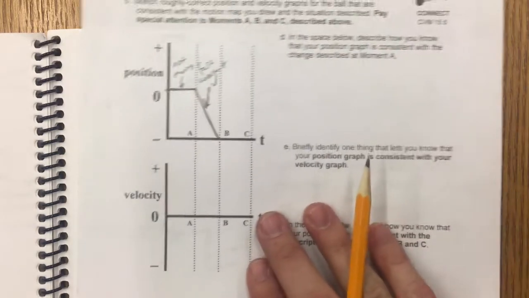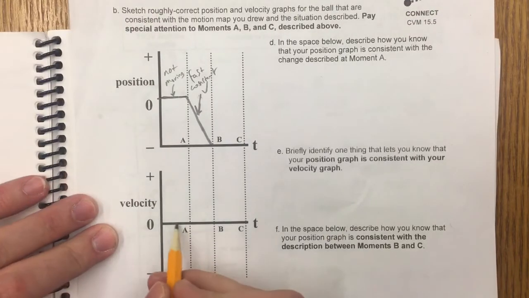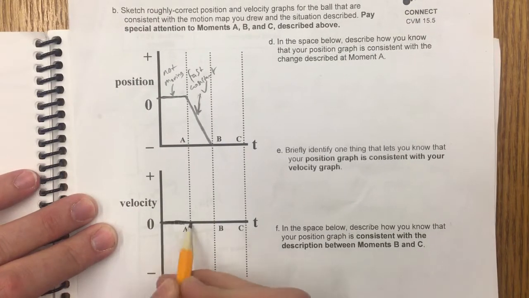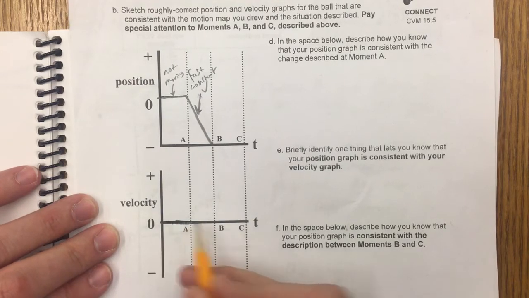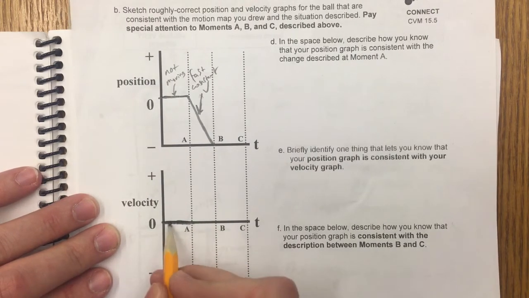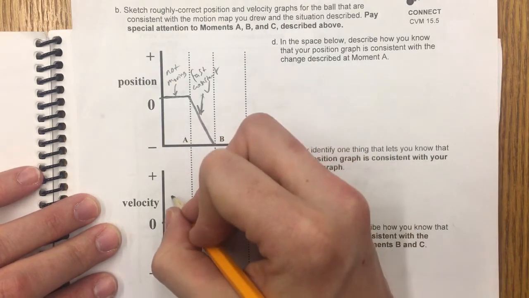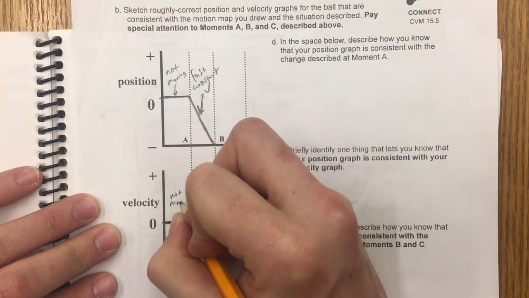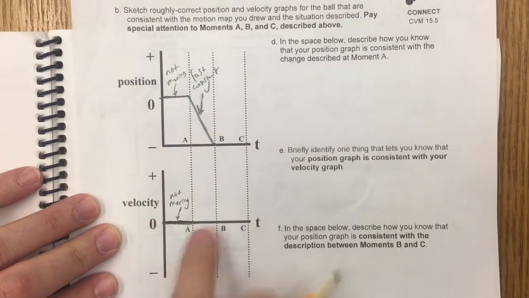So for example here, when this thing is not moving, I need to make sure that the velocity graph says 0. You can't actually see that I'm drawing a line here because it's directly on the axis, but that's what a velocity of 0 looks like on a velocity graph. So I could say not moving to annotate this.